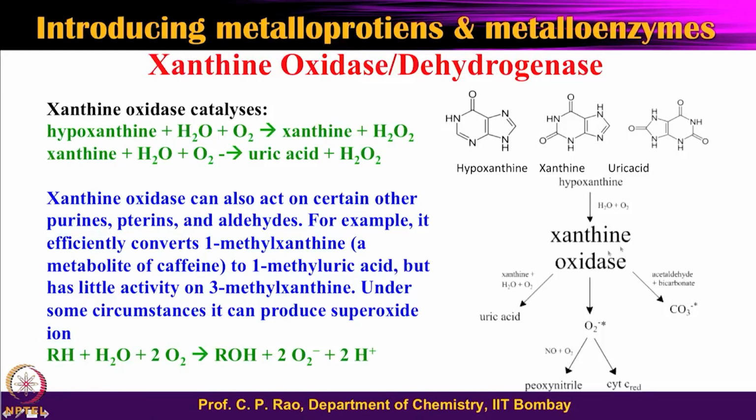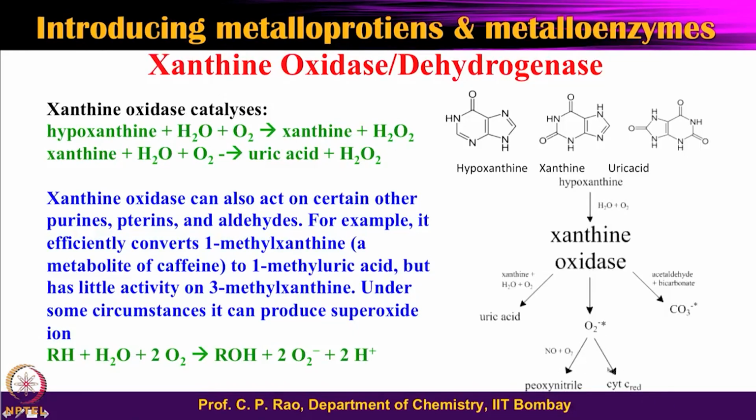And this is where xanthine oxidase can generate O2 minus, and this O2 minus can react with NO and give peroxynitrite. Okay. So, as we have seen, xanthine oxidase can give a superoxide radical, and this superoxide radical in turn can react with NO and give peroxynitrite, all of which are dangerous species.